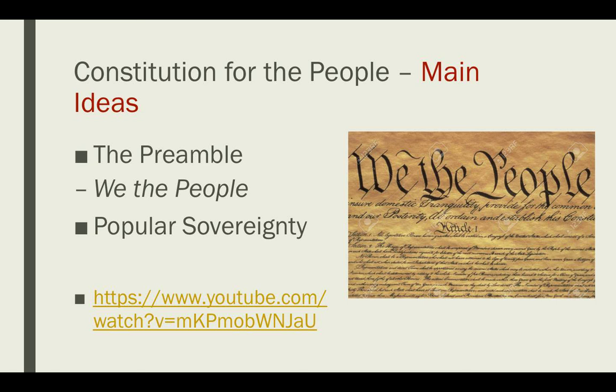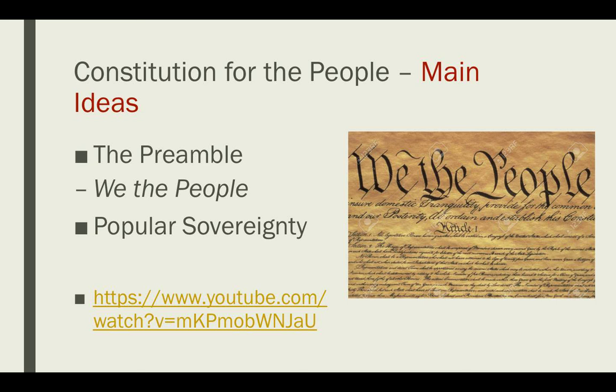We the People, the statement at the beginning of this document, is referring to the idea that the Constitution is based on. A government for the people, by the people, which you've heard a million times. This principle, the very beginning of the Constitution, is known as popular sovereignty.